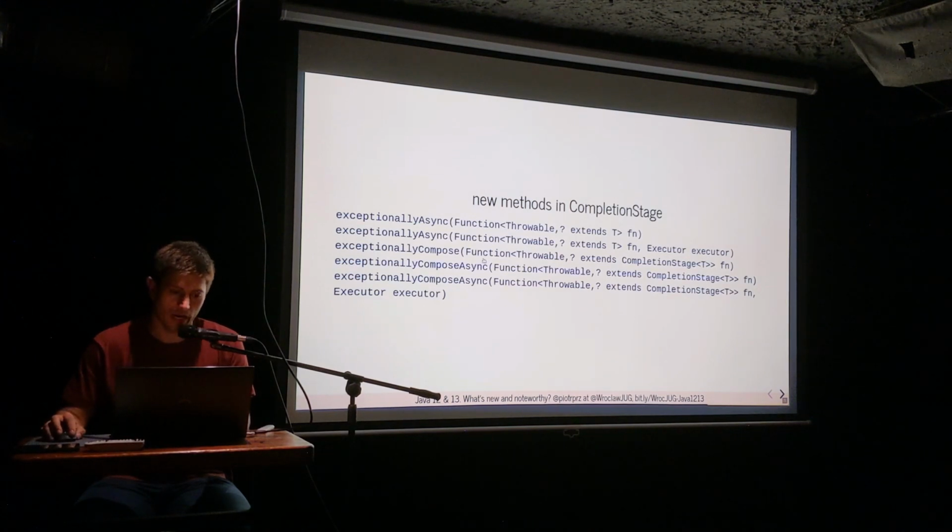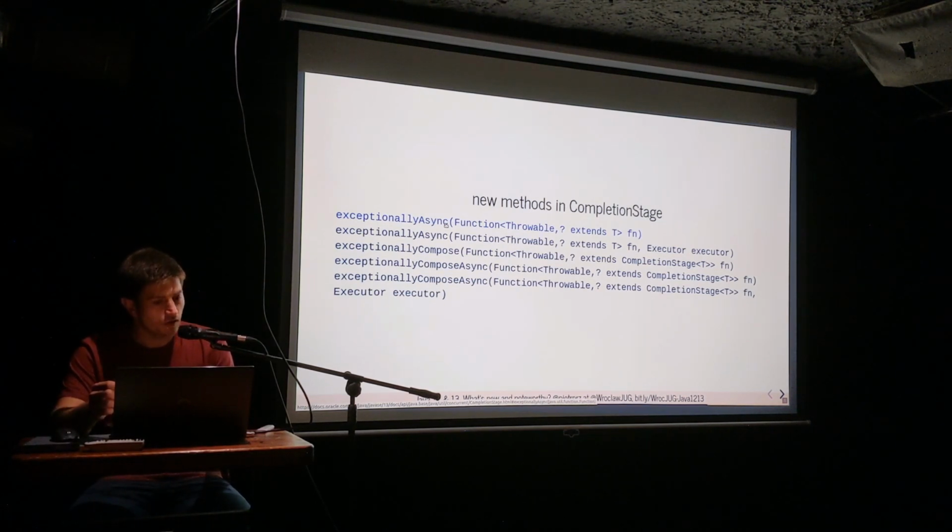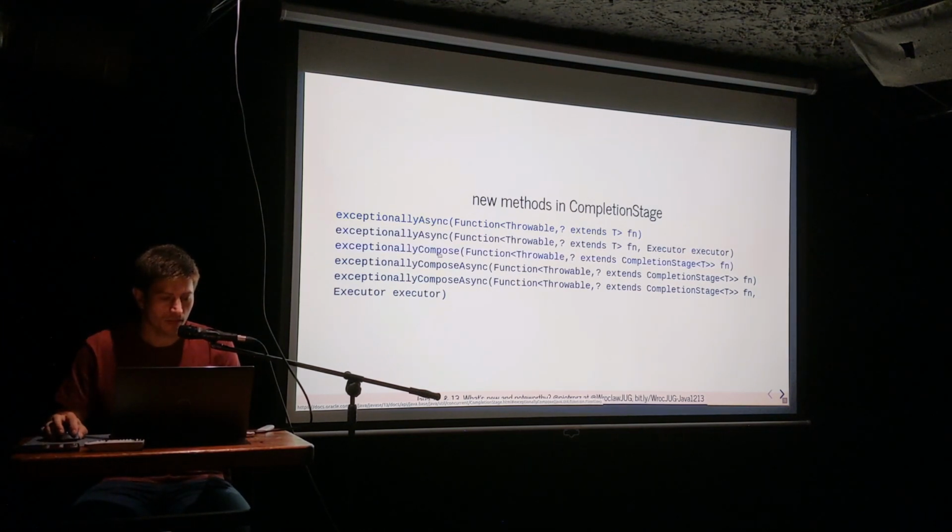Because so far we had only exceptionally. So if we had an exception at the given stage of processing a CompletableFuture, we could only handle it in a synchronous way. Now we have these 4 async methods. So when this exception happens, this function, or of course lambda, will be executed, or this is an overloaded version, so we can select an executor, which is very handy.